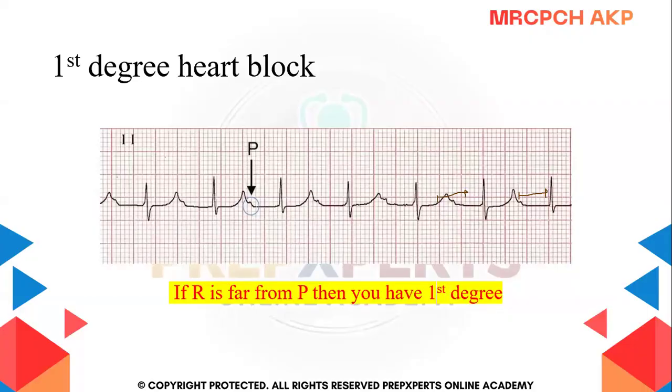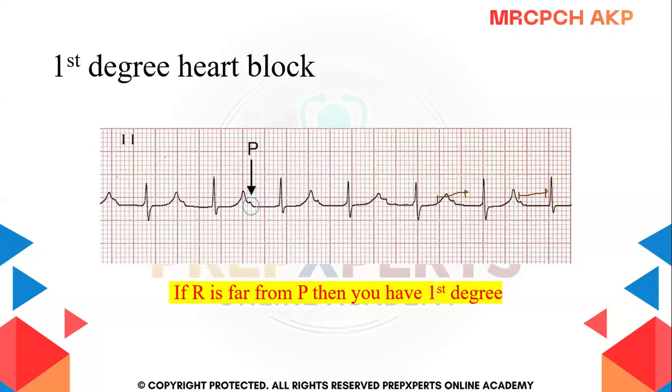Now we come to the first degree heart block. I just made a poem to memorize this: if R is far from P, then you have a first degree. So now we are going to discuss the atrioventricular blocks. There are 3 degrees: there is first degree, there is second degree, and there is third degree.